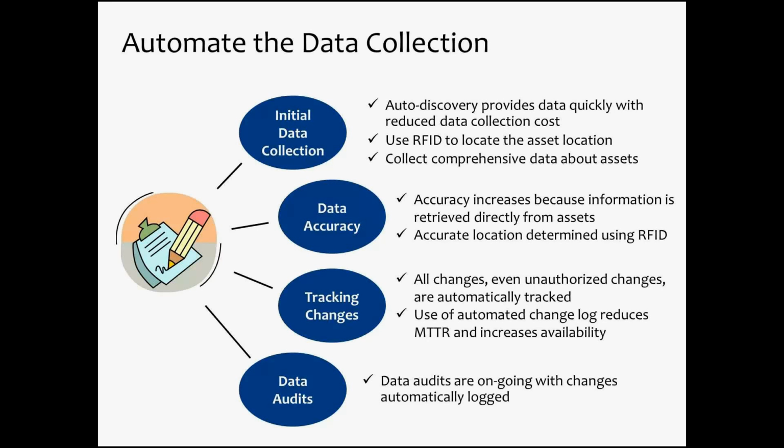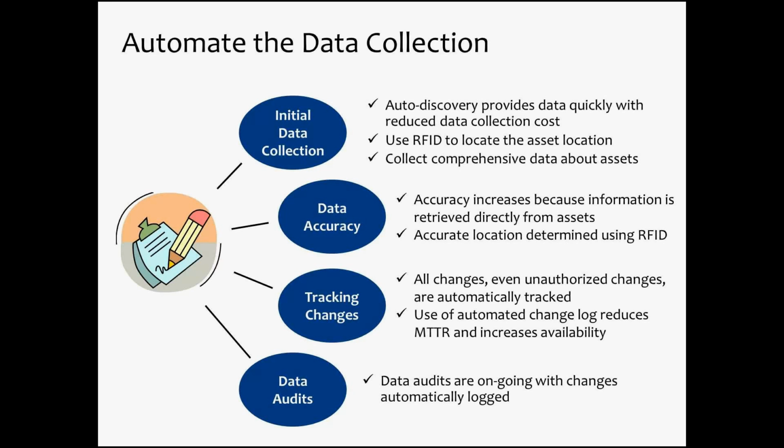Because if I go to the server and say, tell me about yourself, and it gives me the information, that's pretty good information. Better than someone going, yeah, that looks like it's an HP server, but I can't see the label on it, so I think that's what the serial number is. Right? So much better accuracy, and location accuracy because of the RFID. So the combination of those two tied together really buys you a lot.